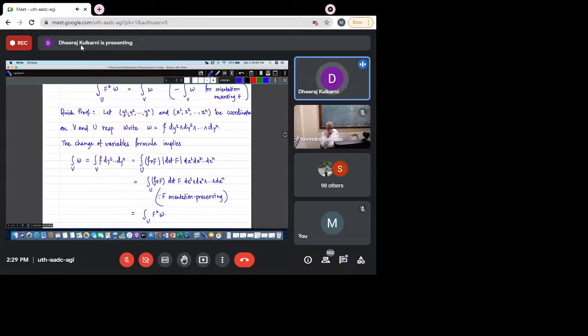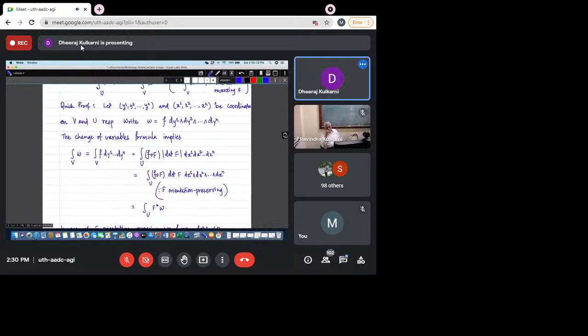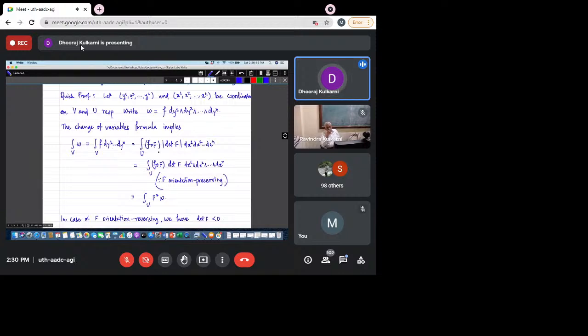You shift this y1, y2, ..., yn via f to a coordinate system on the domain U. Then the change of coordinate formula tells you that you have a factor which is the absolute value of the Jacobian determinant of f, let me say Jf, times the volume element.